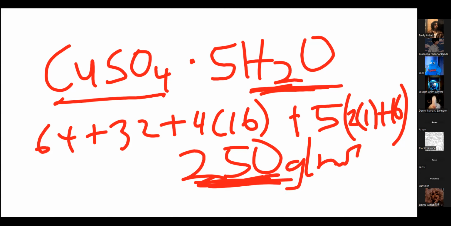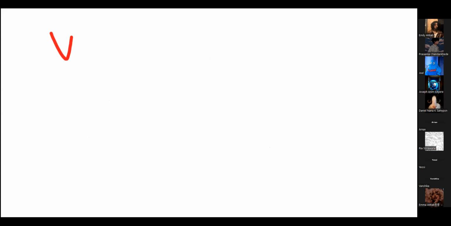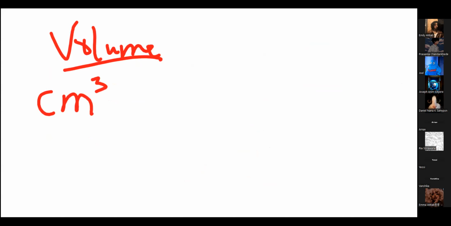Now let's start on another thing. Let's look at volume. Please, volume is measured in cm cube. Cm cube is the same as milliliter, ml. So if they put 200 cm cube, note that they've given you volume.